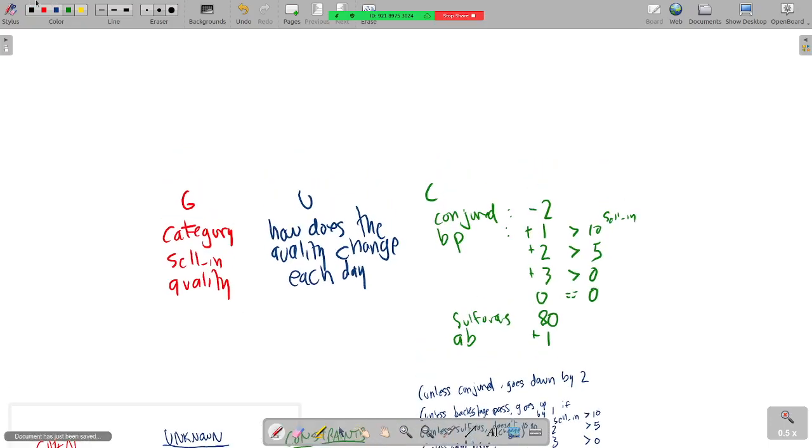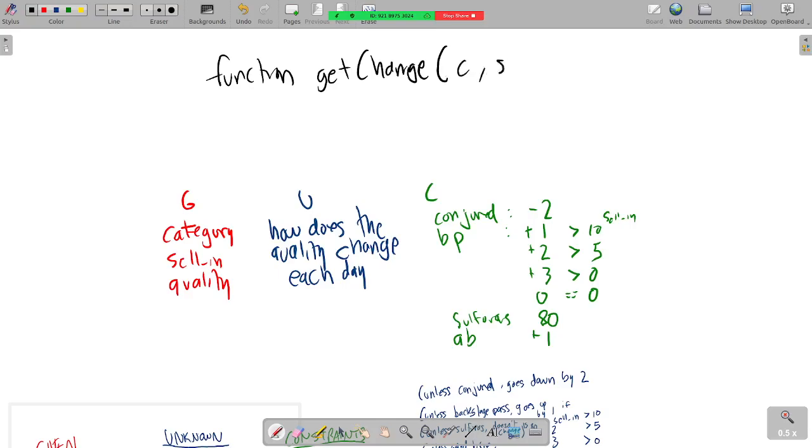That can be like, get change, that takes in a category, a sell-in, and a quality, and returns plus 1 or negative 2 or 3 or 80, something like that. And that's just an if-else statement or a switch.